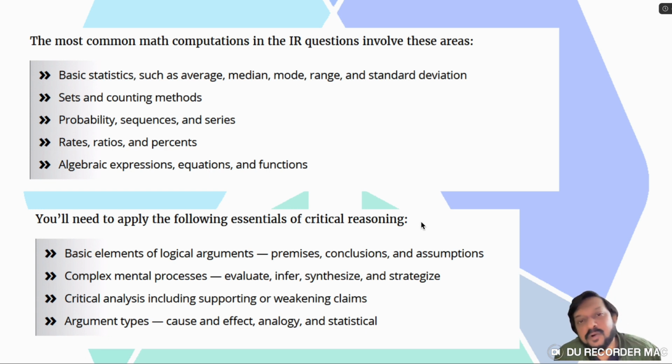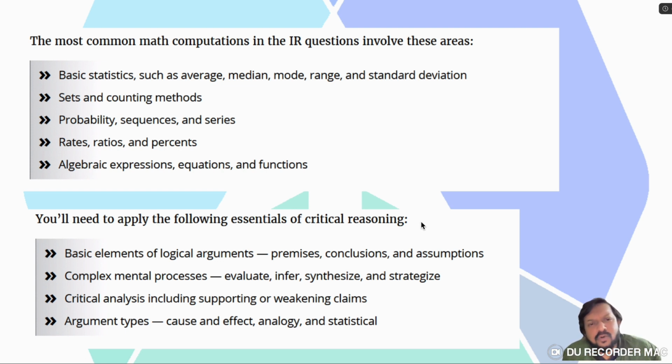Let's first of all talk about what type of knowledge and skill are required to be good in this section. If you want to be good in this section, especially where there is an amount of data crunching, it will be very good to know the basic definitions like average, median, mode, standard deviation, because this will help you to calculate and reach a conclusion, especially in the questions where you need to either crunch some data or look at some graphs.